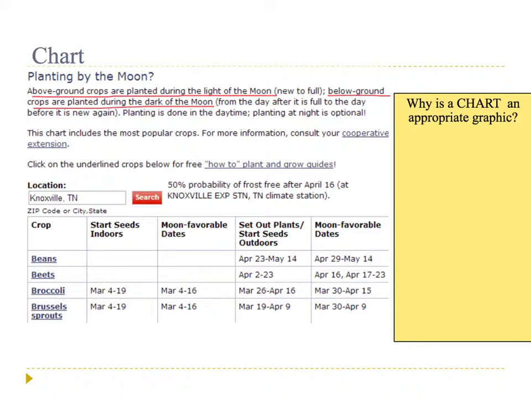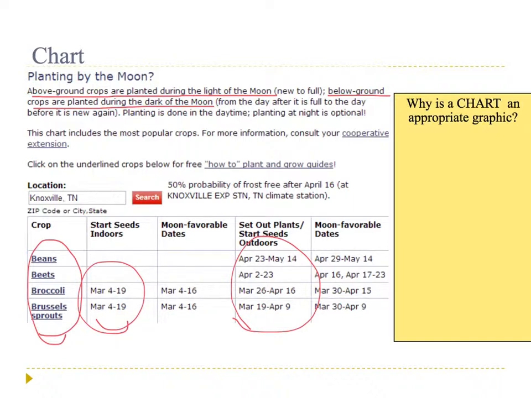When looking at this chart, it also tells us different types of crops, dates to start them indoors, and then moon favorable dates. So it compares and contrasts those two dates, and then when to put your plants outdoors. Now I want you to tell me, why is it appropriate? I'm not going to tell you the answer this time. Pause it and write your answer.